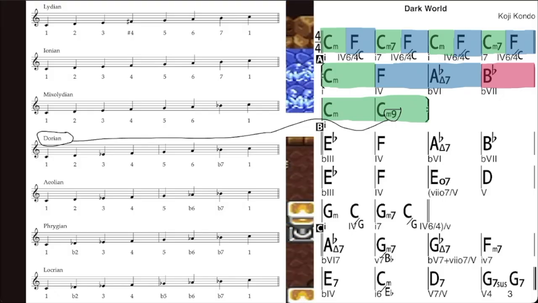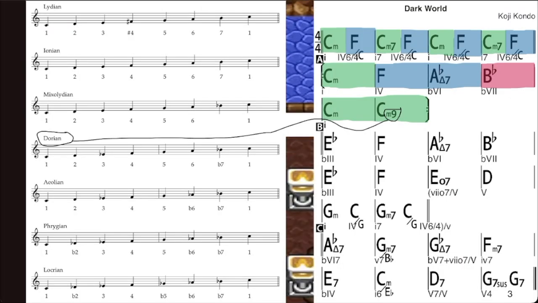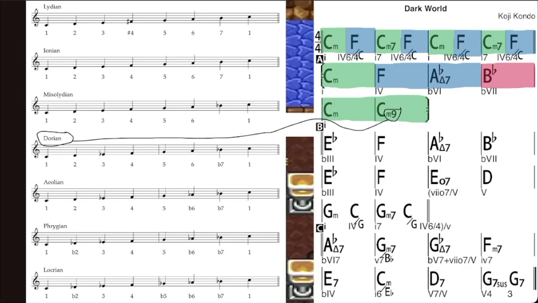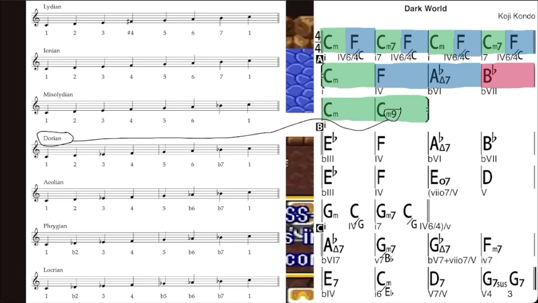Extending the chord in Dorian is an extremely common device, and as we saw, the vamp at the beginning of the piece is also extending Dorian. And we're going to see even more extensions of Dorian later in the piece.